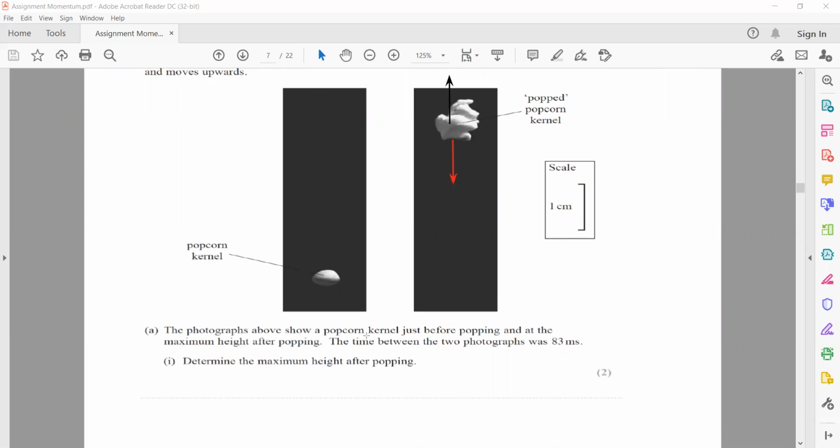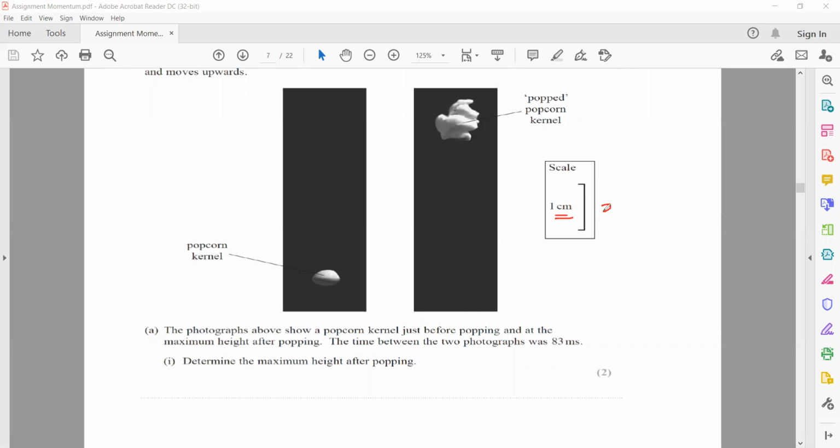The photograph above shows the popcorn kernel just before popping and at a maximum height after popping. The time between the two photographs is 83 milliseconds. Maximum height we need. So how can we work out the maximum height? The scale is given. You will use this measurement: if this represents 1 centimeter, then with the scale of 1 centimeter equal to the figure size, you will use a ruler and measure this.